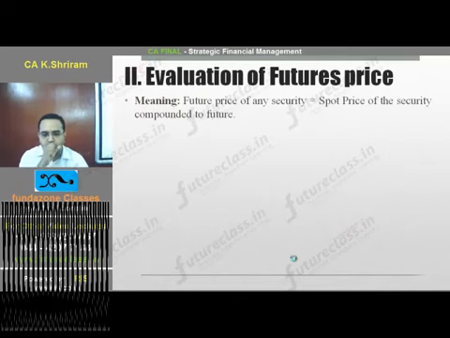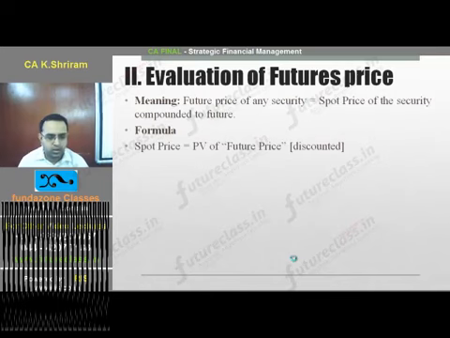Meaning, the future price of any security equals the spot price of the security compounded to the future. Spot price equals the present value of the future price, discounted.